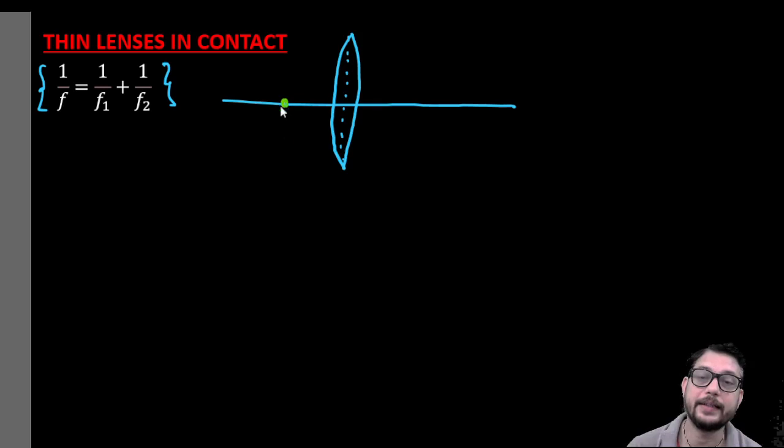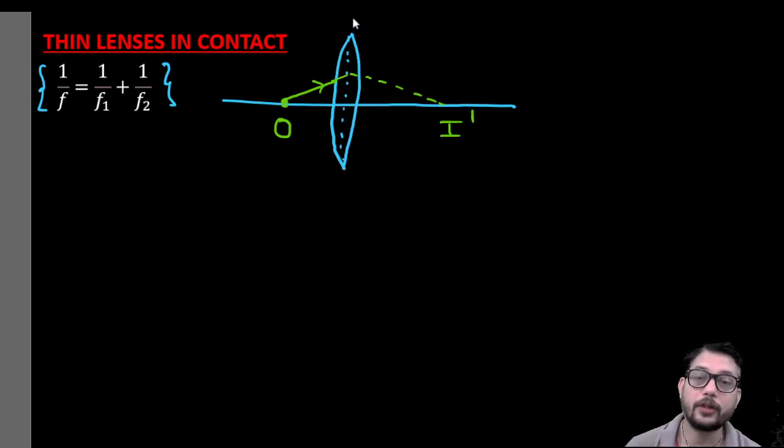Let's suppose this is your object O, and the ray which moves from the object strikes the lens like this. Because this is a converging lens, we get an image from the lens, and let the image be I dash.